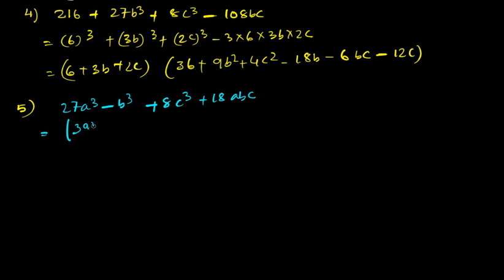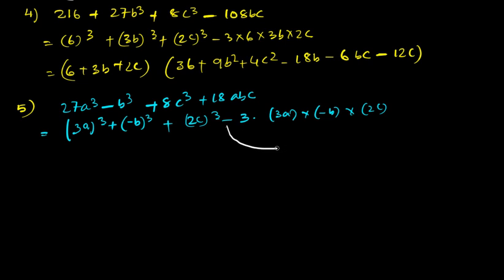So 3a whole cube plus of minus b whole cube plus of 2c whole cube. We need minus, so we are keeping it as minus 3a times minus b times 2c. Now if you look carefully, the actual sign will become positive. So we are actually not changing it, we are just modifying it. Even this will become negative, right?